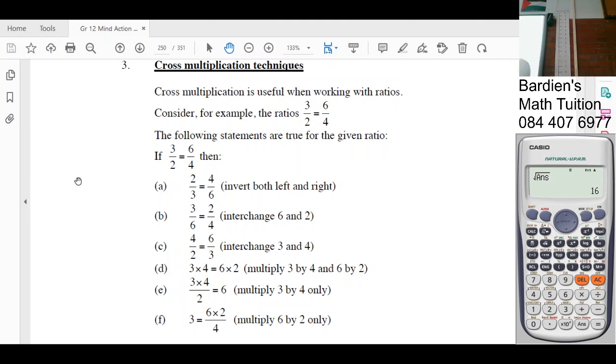Spoke about multiplying. Let's see here. If I only take the 4 up, it will be 3 times 4 over 2 is equal to 6. 3 times 4 is 12, 12 divided by 2 is 6. So which means I can just take that D up. So it's AD over B is equal to C. I could have just taken the B up.